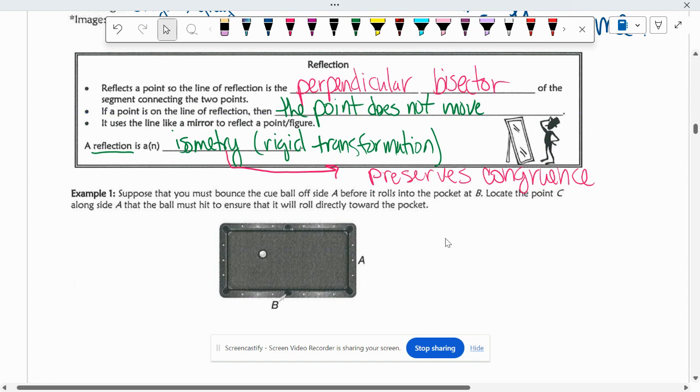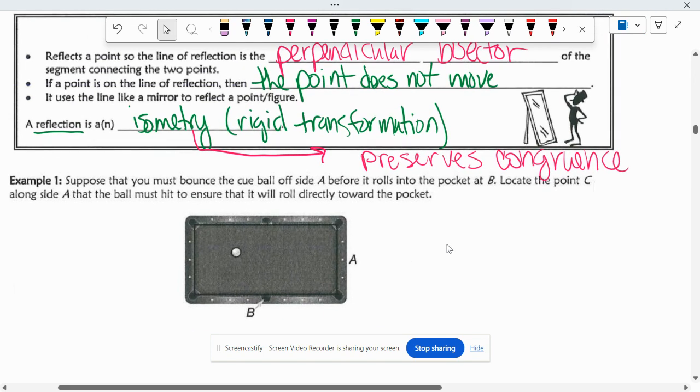So suppose that you bounce a cue ball. I don't know if there are any pool players in the room, but suppose you bounce a cue ball off of side A before it rolls into pocket B. Locate point C along side A that the ball must hit. So what it's saying is you have to pick a point somewhere along this line.